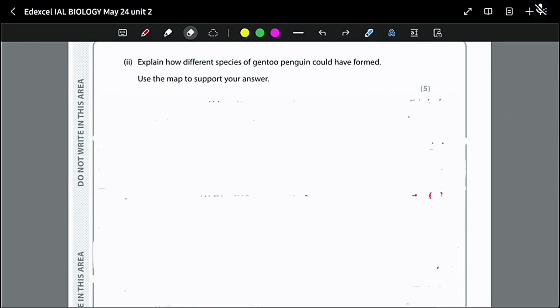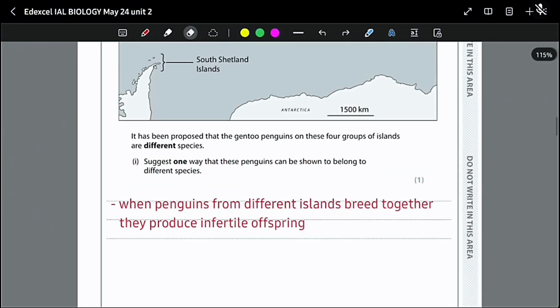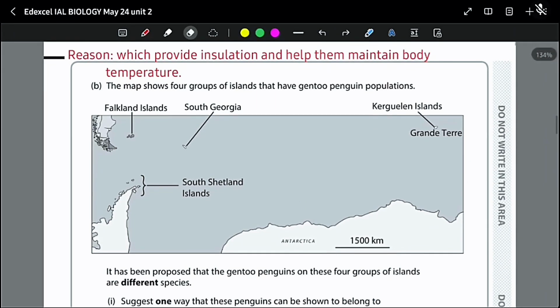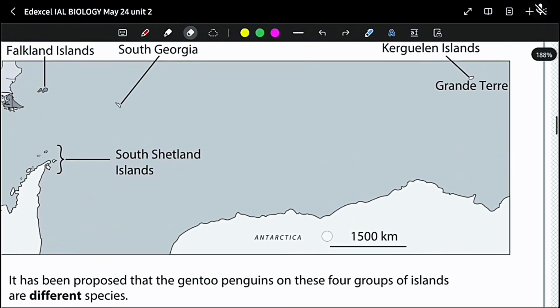Explain how different species of Gentoo penguin could have formed. Use the map to support your answer. From the map, we can see that the islands are very far apart. This prevents the penguins from traveling between them, because we can see only this much is 1500 kilometers.